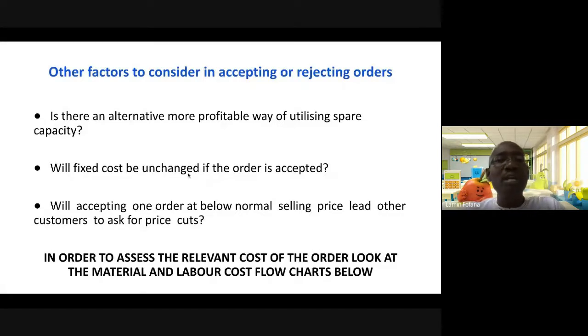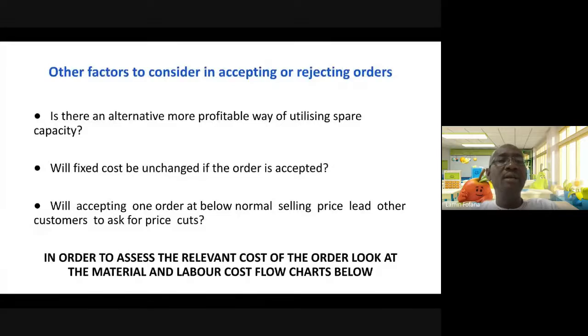Because if you calculate the waste in terms of what you're going to pay on the machine and the staff, and compare that to the shortfall, those losses will be higher. So you're better off accepting the order even though it might not be that profitable in the financial sense.